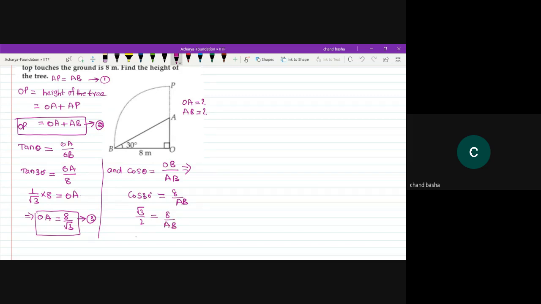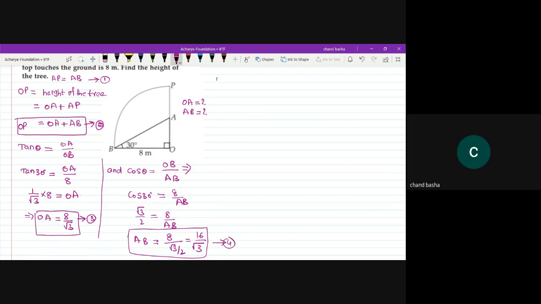We require AB, so AB we keep on the left-hand side: 8 divided by root 3 by 2. This 2 comes in the numerator, 16 divided by root 3. This is the AB value. AB means indirectly AP. Very good. Equation number 4.